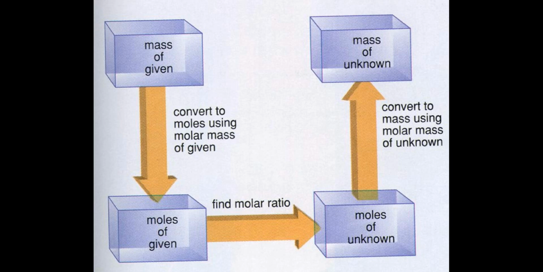Then we took the moles of the CH4, compared it with H2O, and we found the moles of the unknown, which was the H2O. Then we converted that moles to mass using the molar mass of H2O, and we ended up finding the mass of the H2O, which ended up being our theoretical yield.